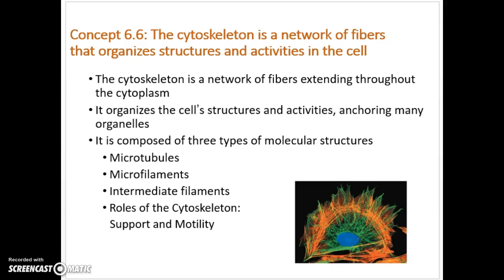It anchors a lot of the organelles, so it almost acts like a web to hold the organelles in the correct place. There are 3 types of molecular structures that make up the cytoskeleton: microtubules, microfilaments, and intermediate filaments. Those are the 3 main parts of the cytoskeleton.